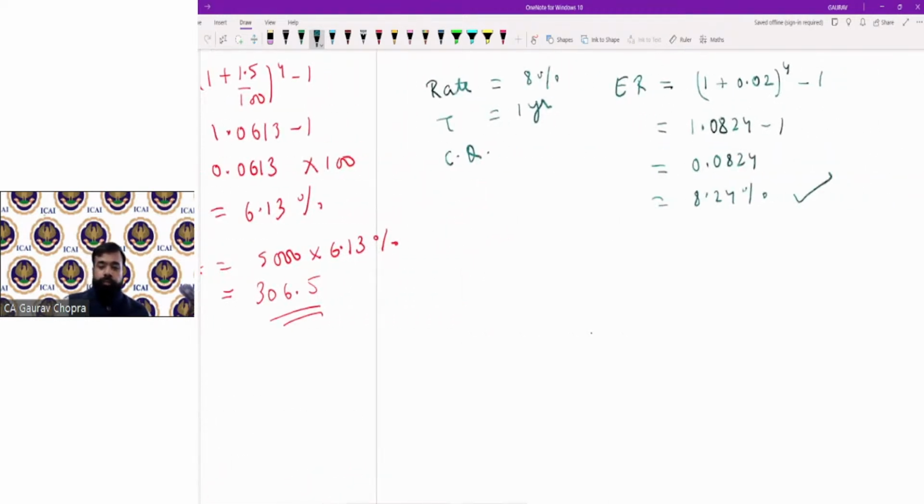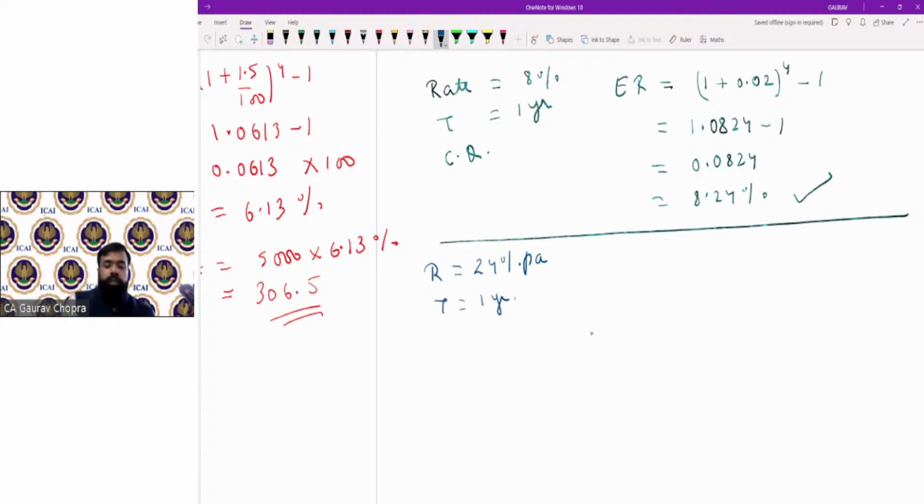Understood, everyone? Let's do one more question. Let's practice one more. This time, the rate is given 24% per annum. Time is 1 year and compounding is done on monthly basis. Now you have to find the effective rate.